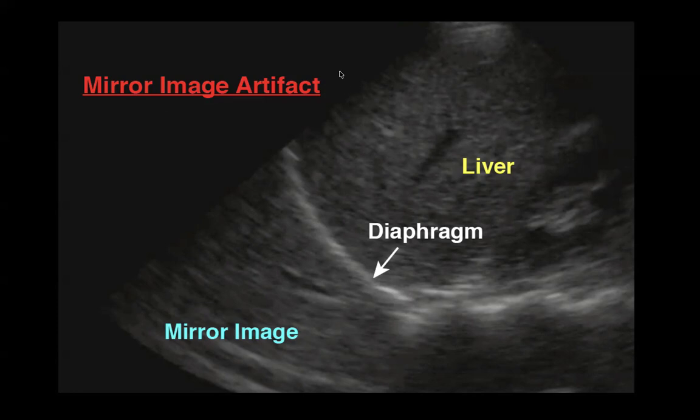As the ultrasound waves shoot through the diaphragm, it interprets this highly reflective structure, and then it bounces off certain things within the liver, and it gives a mirror image on the other side of the lung. This is a normal artifact for normal lung, and this is something to just know about. But if you do see the extension of spines, think that there can be something else going on, like a pleural effusion.